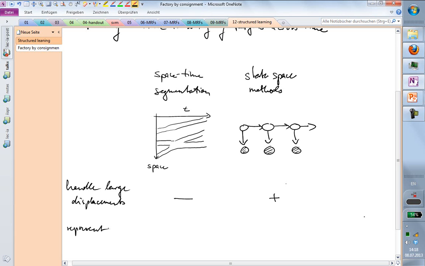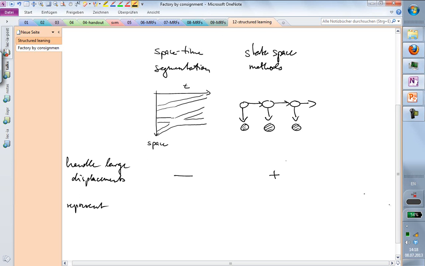And if I know at least approximate equations that govern the dynamics of a system, then I can use these to propagate the expected internal state of the system. So we can conveniently represent the internal state in such state space models. This is less easy with space-time segmentation.